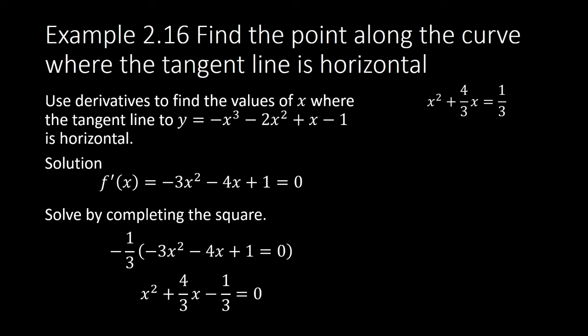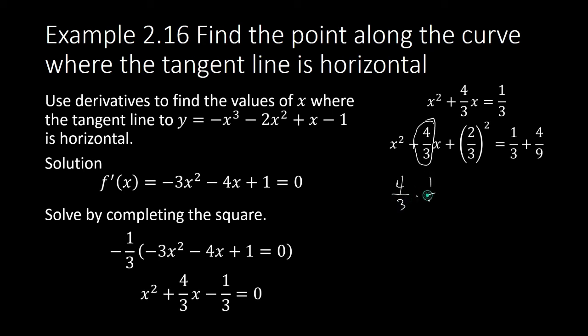And then, you know what to do next. You will divide by 2 the coefficient of x. And 4/3 divided by 2 is just the same as times 1/2, okay? So it becomes 2/3. And then what will you do with that?